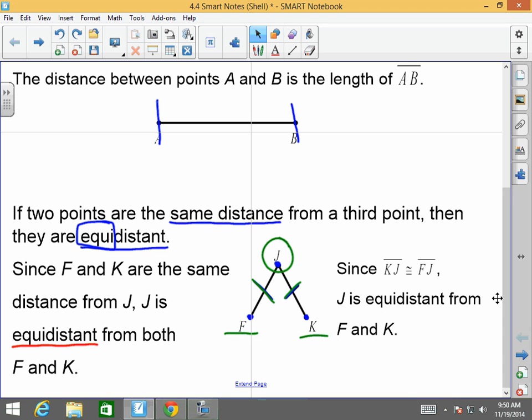In a proof, they would either have the tick marks there, showing that FJ is congruent to JK, or they would say FJ is congruent to JK, or they would say that point J is equidistant to both F and K. Great question.